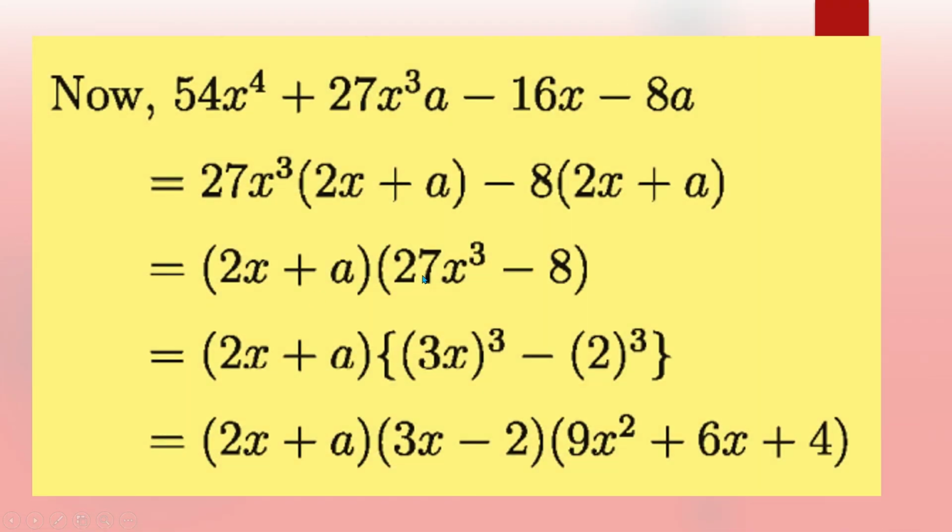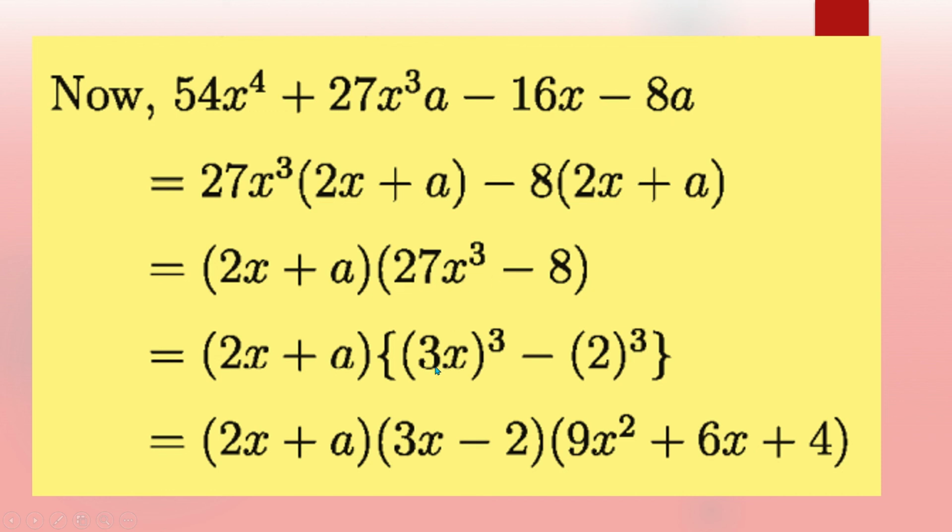This equals, we can write at first 2x plus a. For matching this, we have to take here 27x cube, and this into this we'll get this, and minus 8 into 2x, that means 16x minus 8a, and this equals this. But here is a form a cube minus b cube.